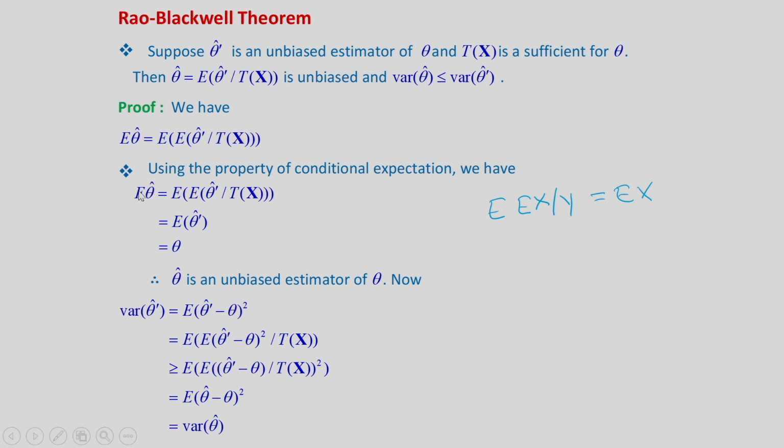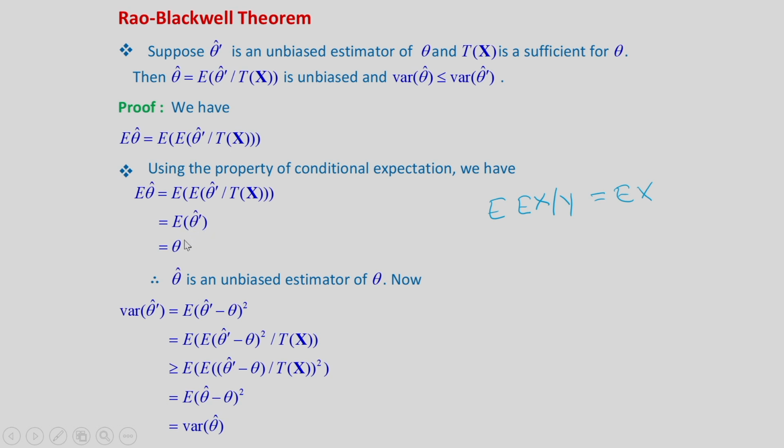Applying this property, E of theta hat is equal to the expectation of E of theta hat dash given Tx, and this will be the same as E of theta hat dash.